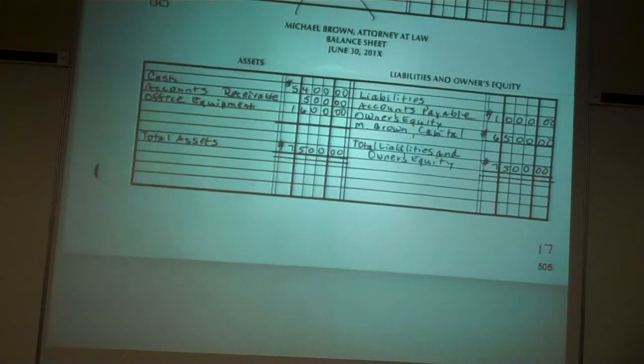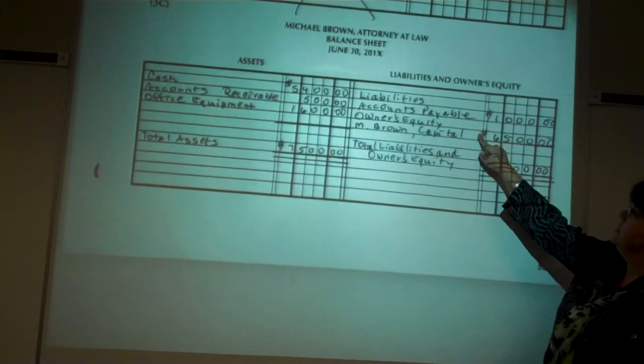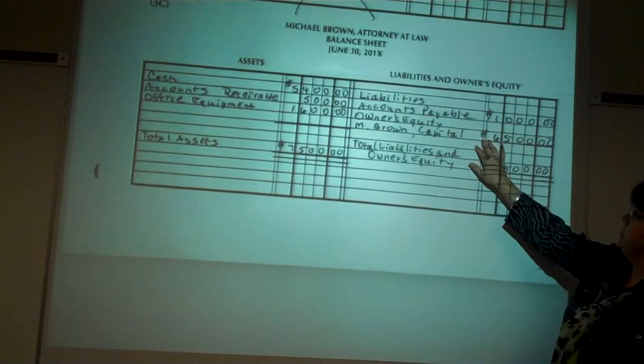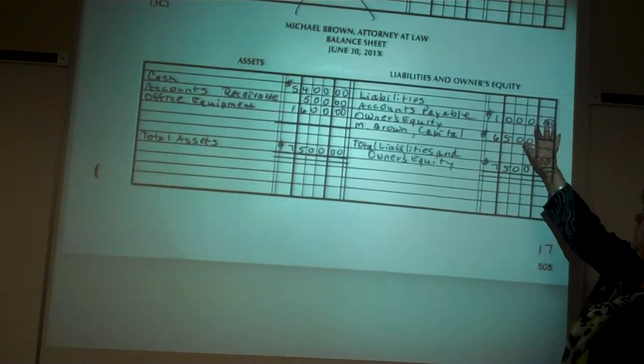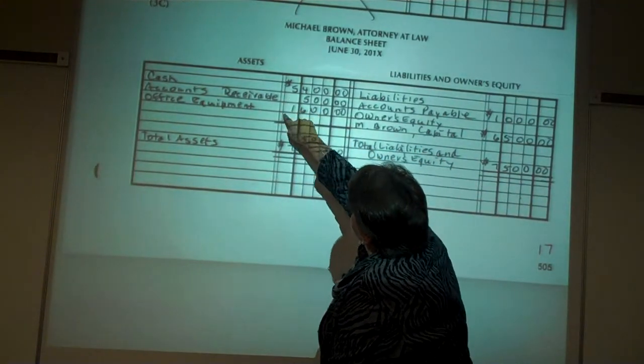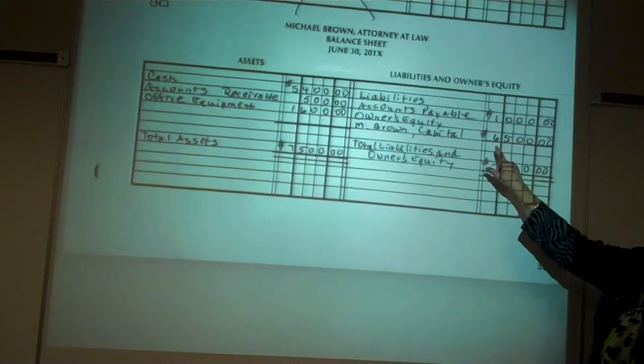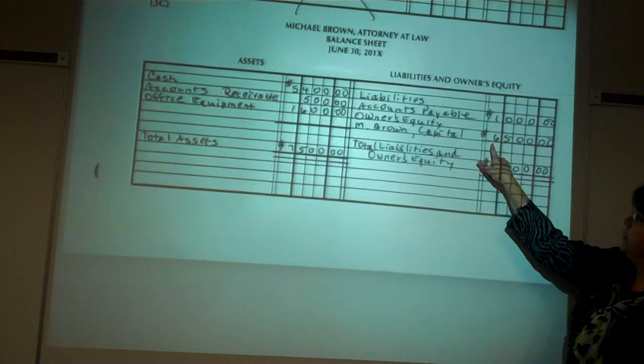The dollar signs, we have an extra dollar sign on this side just because this is an item that kind of stands by itself. I don't like to see dollar signs on every number. Usually it's just the first number in a column and the total.